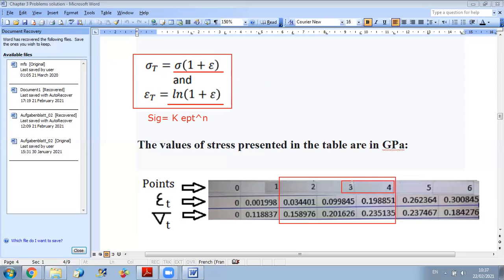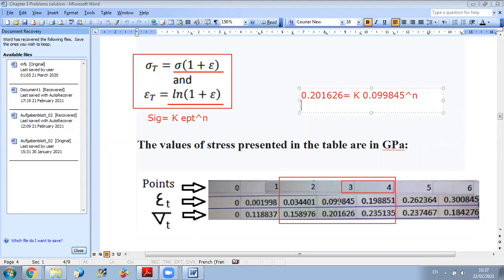The coordinates of points 3 and 4 should satisfy the flow curve equation, which is sigma equal to k times epsilon to the power n. So the first equation I can write for point 3, I say, what is sigma true of point 3? It's 0.201626. This should be equal to k times epsilon true, which is 0.099845 to the power n.